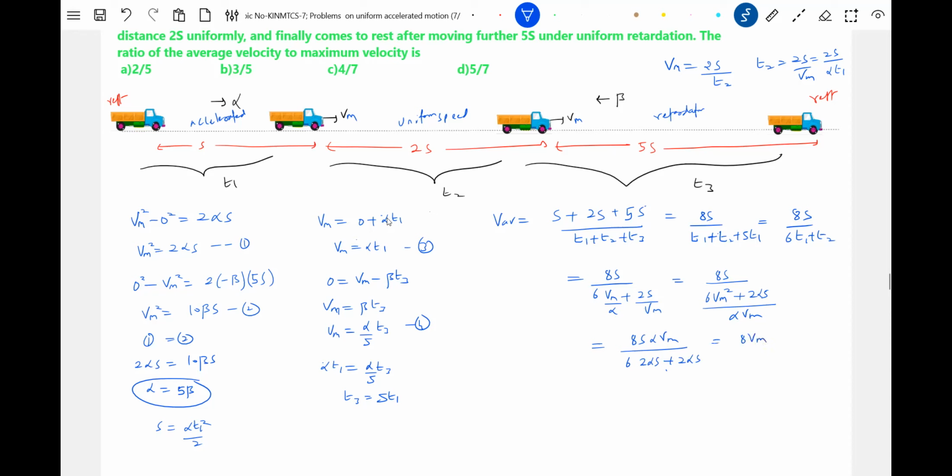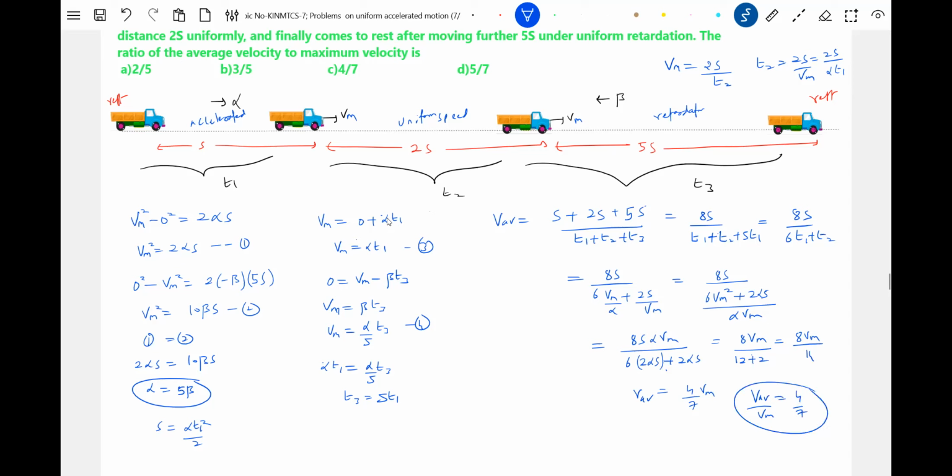So we get 8 Vm by 6 plus 2, that is 12 plus 2, so 8 Vm by 14. The ratio of average velocity to maximum velocity, V average by Vm, equals 4 by 7.